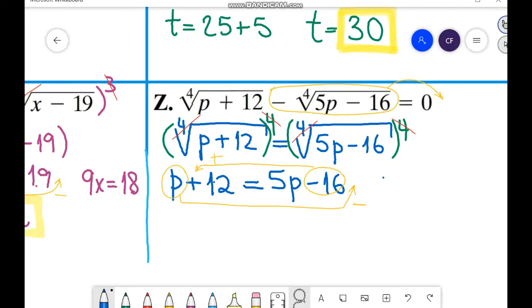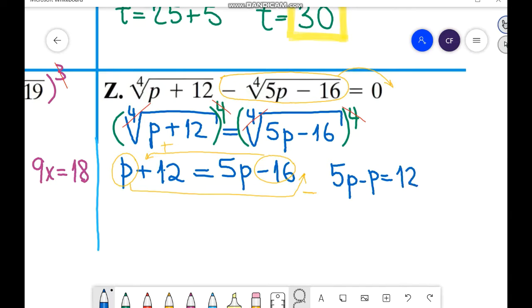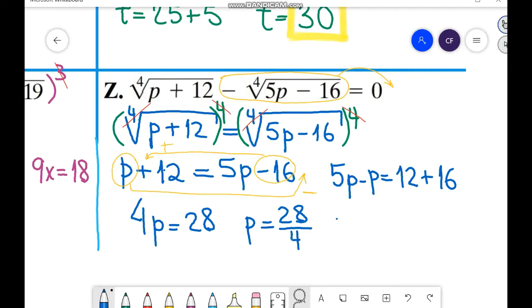That is going to be 5p minus p equals 12 plus 16. 4p equals 12 plus 16, 28. p equals 28 divided by 4. p equals 7 is the answer of letter Z.